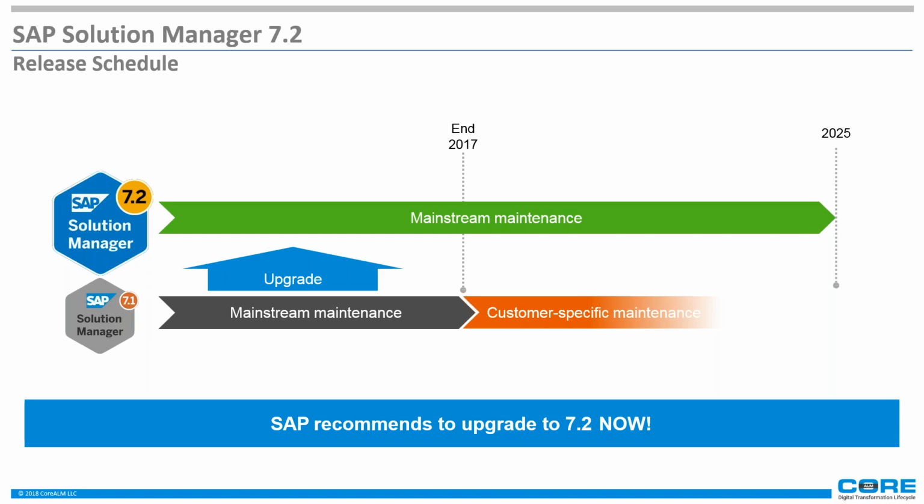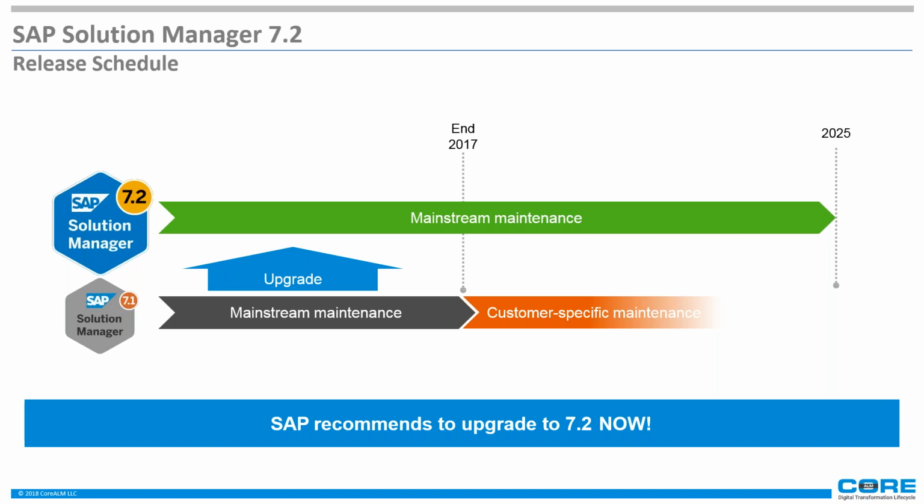And in that case, Solution Manager Java stack happens to be on that release, or Solution Manager 7.1 happens to be on that release. Therefore, it got impacted as a system that's no longer supported. I mean, when I say it's no longer supported, meaning it's not part of the mainstream maintenance.